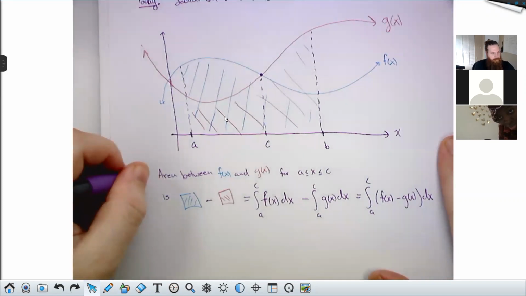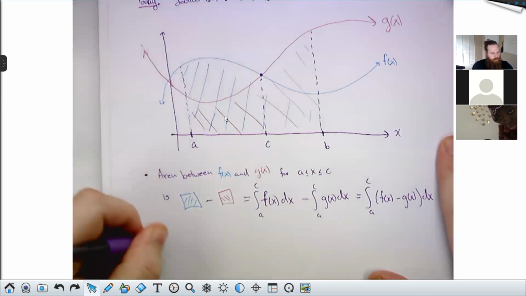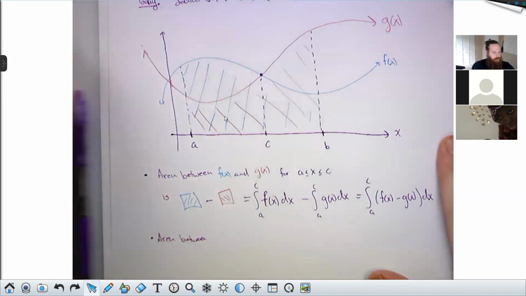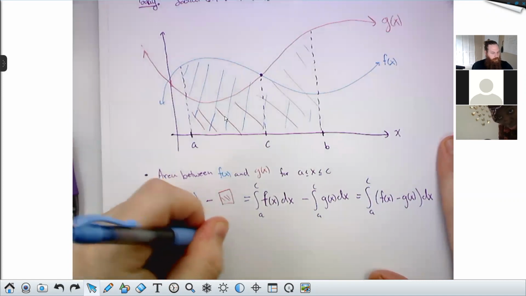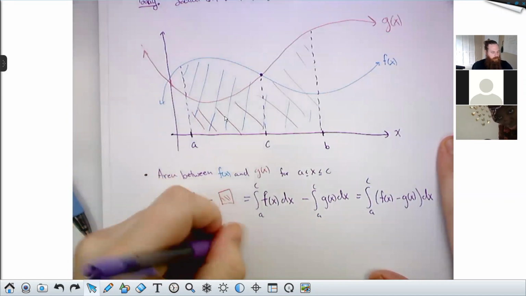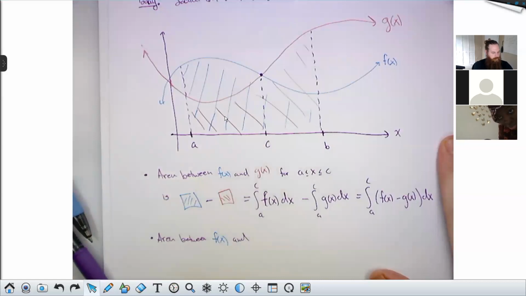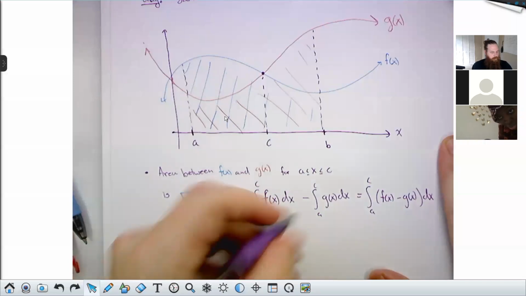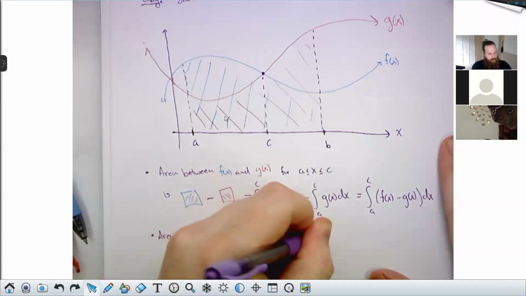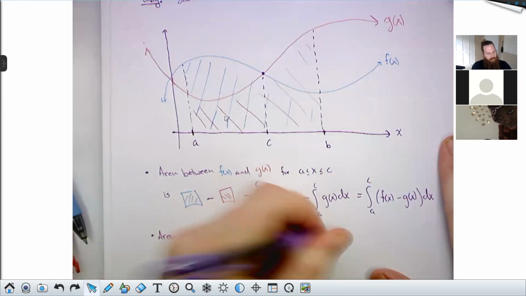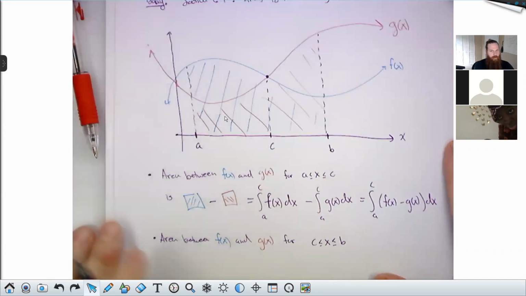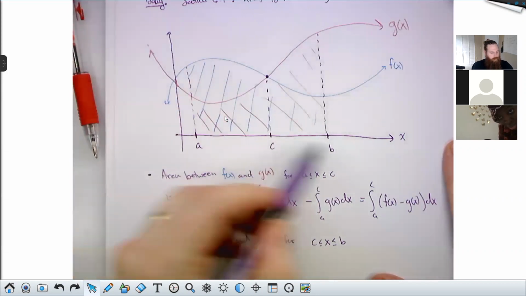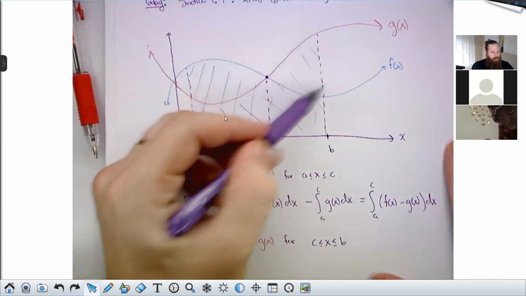Okay. And now if I want the area between f of x, which is blue, and g of x, which is red, from c to b, what do I need to do? Well, here's all this red area here. I just want the stuff that's between them.